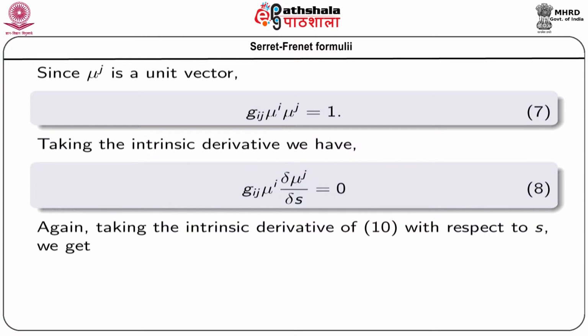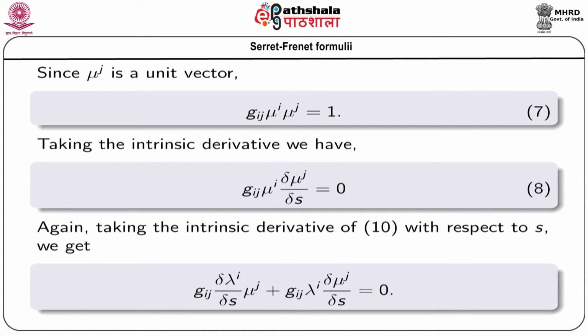Now, again taking the intrinsic derivative of equation number 10, that means the condition where g_ij λ^i μ^j equals 0, we get g_ij ∂λ^i/∂s μ^j plus g_ij λ^i ∂μ^j/∂s equal to 0.